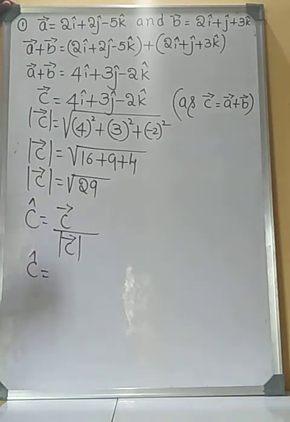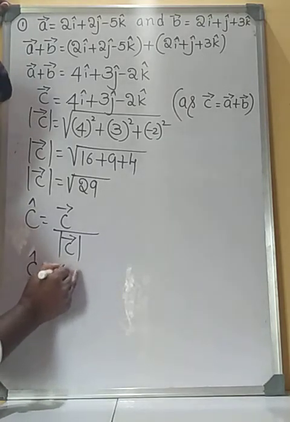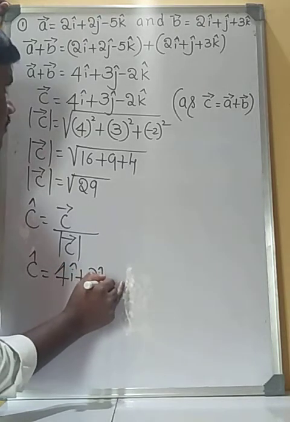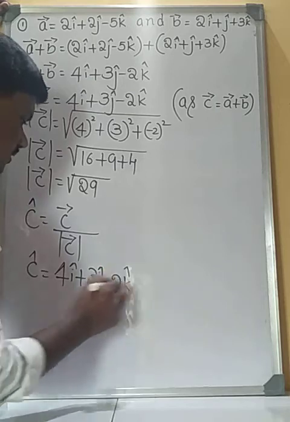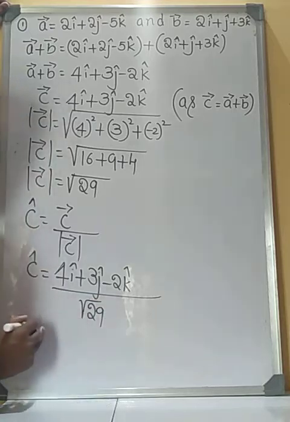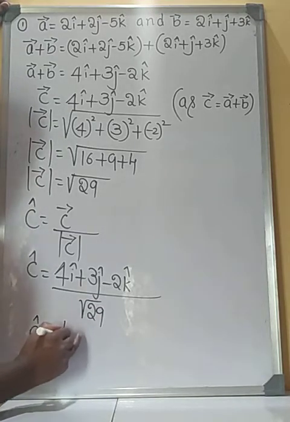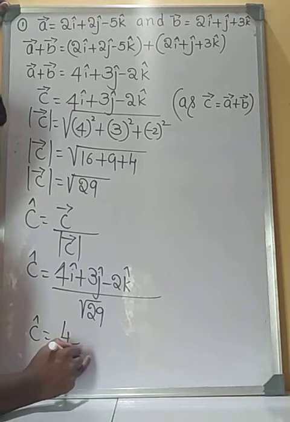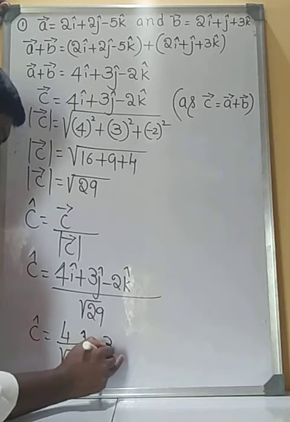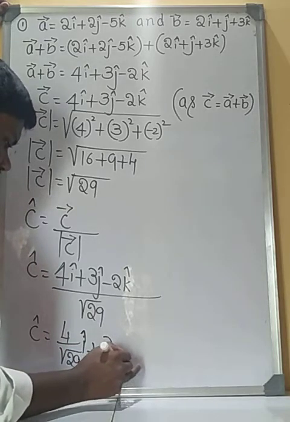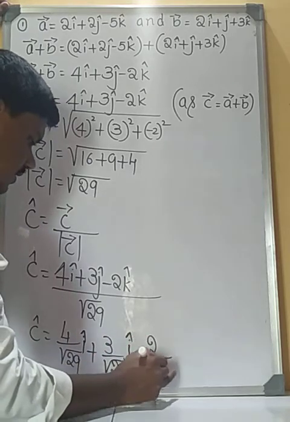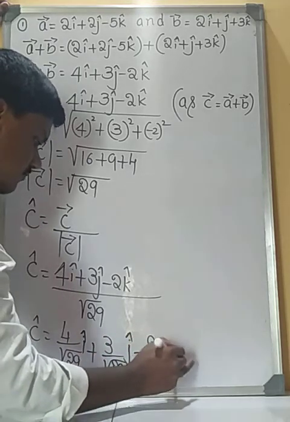Therefore, C cap is equal to 4i plus 3j minus 2k divided by root of 29. So C cap is equal to 4 by root 29 i plus 3 by root 29 j minus 2 by root 29 k cap.